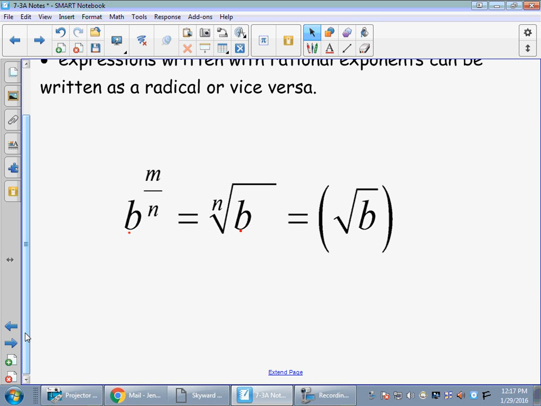That's the root that you're taking. And then the numerator turns into an exponent. I'll show you with numbers. Now, we could do the same thing, but we could raise the base to the mth power, or we can raise the whole thing to the mth power. It really doesn't matter where you put the m, inside the radical or out, applying it to the whole thing. Sometimes it makes more sense to put it one place or the other. Okay? So it's going to take some time. You're going to have to memorize where these numbers go. So let's go ahead and give it a try.